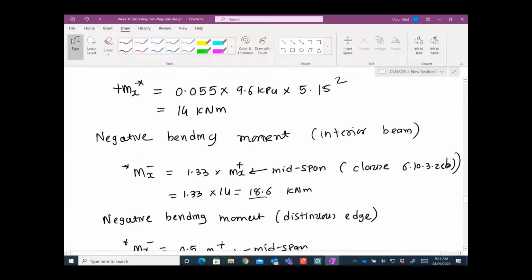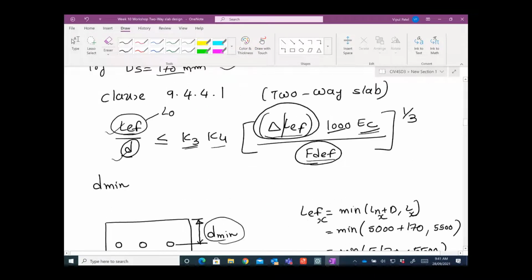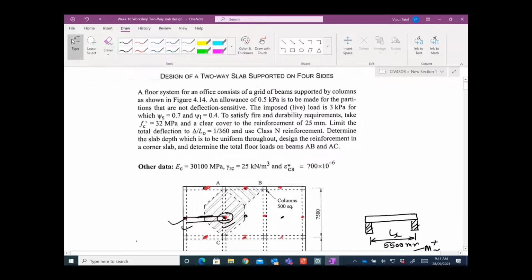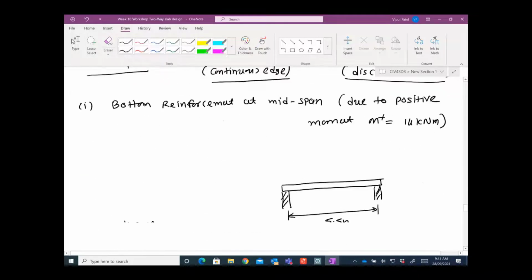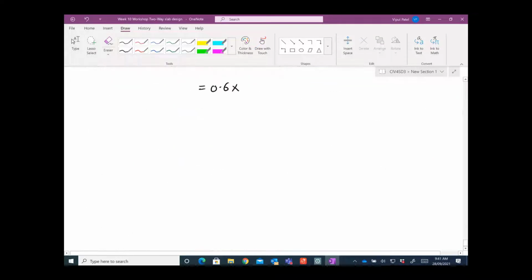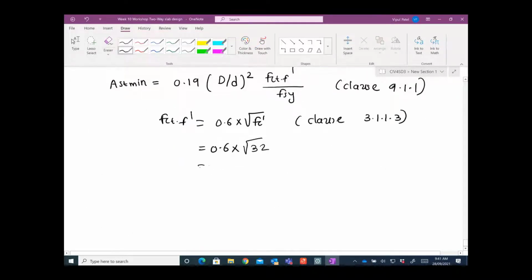We have given this in our examples. Let's get those details. You have f'c of 32 megapascals that we're going to use. So you have 0.6 times the square root of 32, which is 3.4 megapascals. fsy is 500 megapascals because we are using N bars.